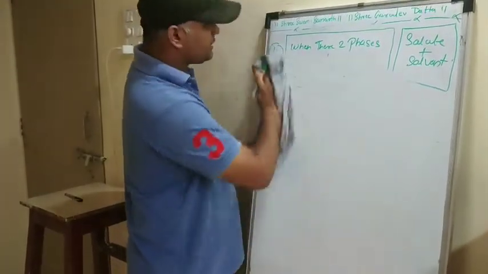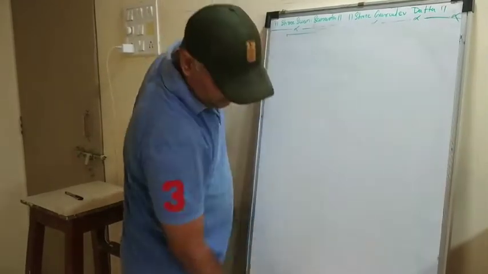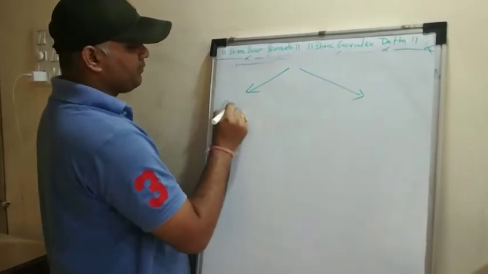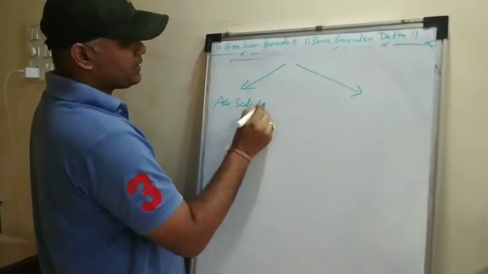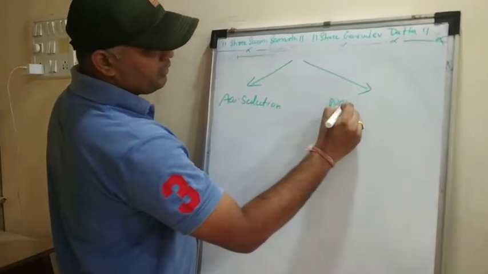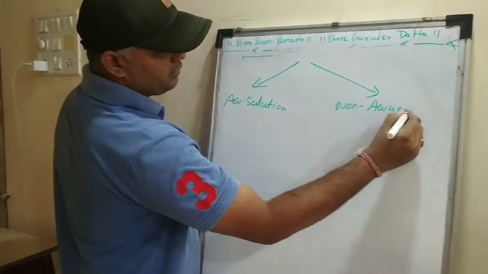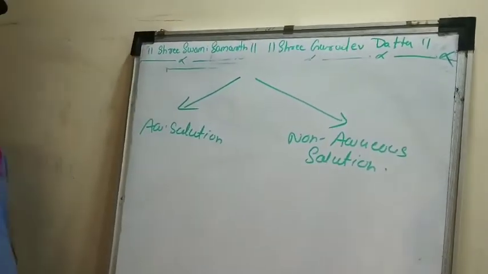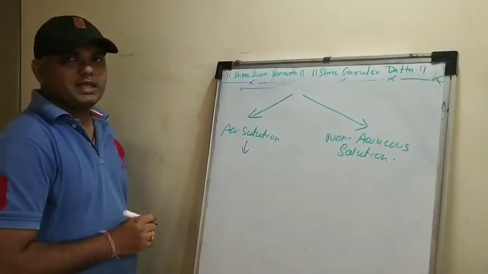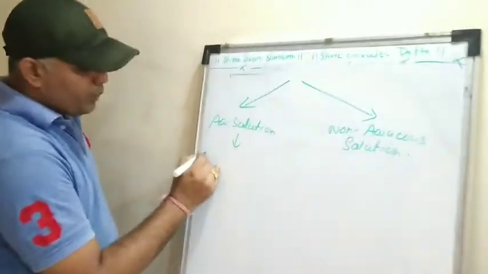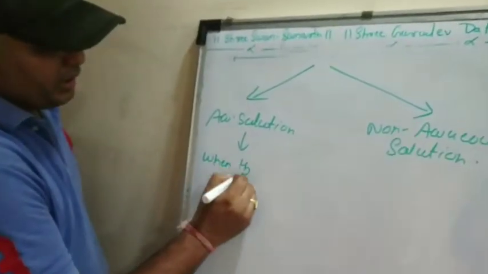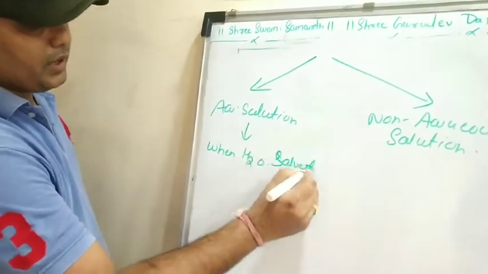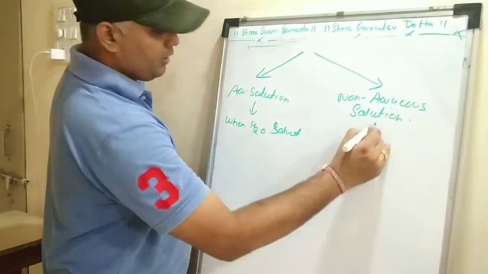Okay, now let's understand further solutions. There are two more kinds of solution, that is aqueous solution and non-aqueous solution. Now what is the aqueous solution? When H2O is used as the solvent, it is said to be an aqueous solution.